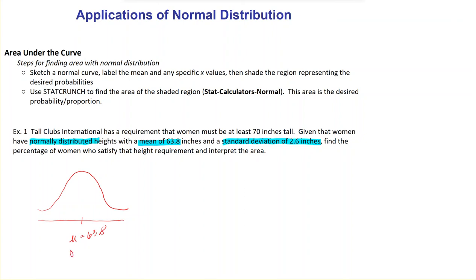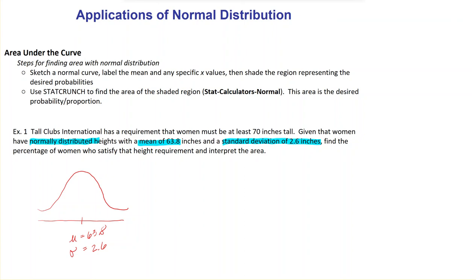And I have a standard deviation equal to 2.6. So because we're population, I'm going to use the population mean variable mu and the population standard deviation variable sigma to illustrate this.